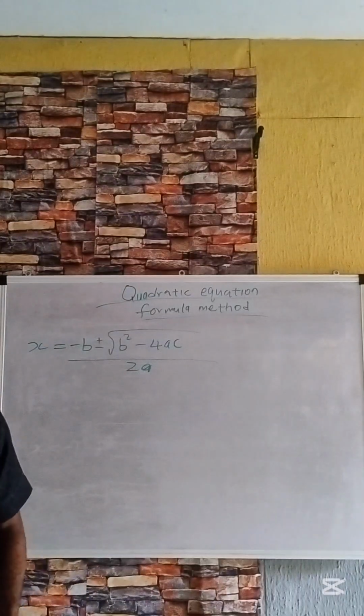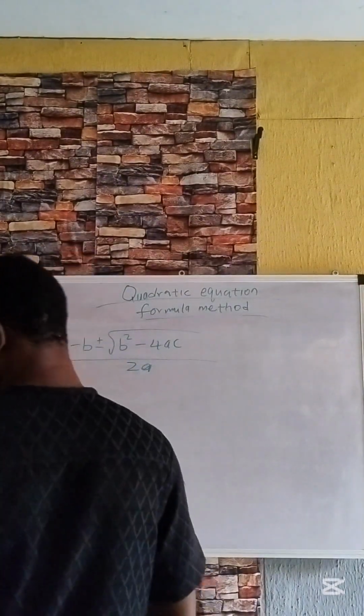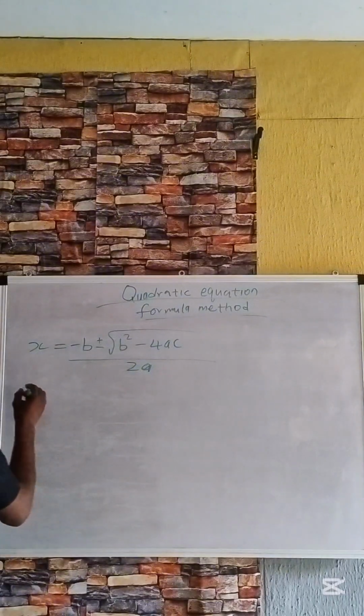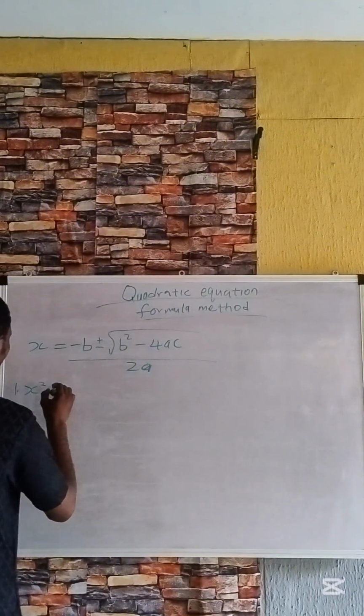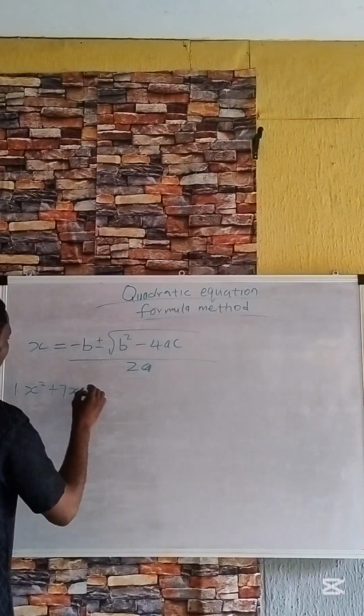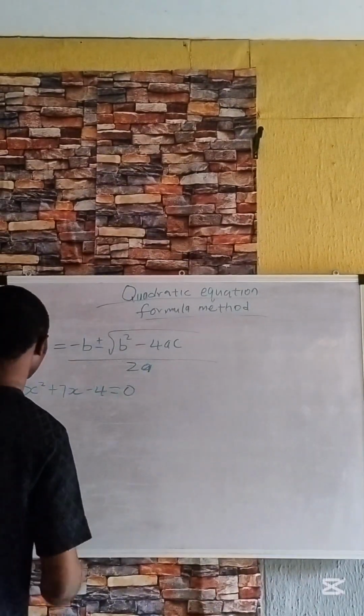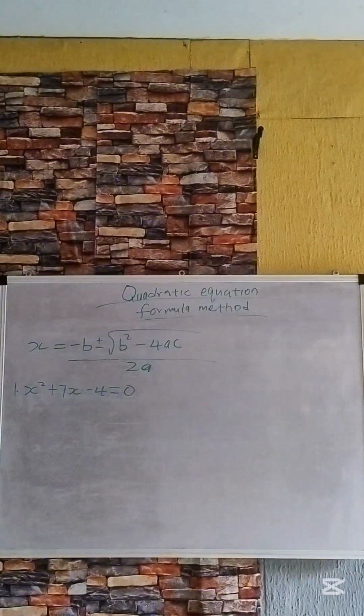So we are going to take an example and see how this works. Example number 1: x squared plus 7x minus 4 equals 0.